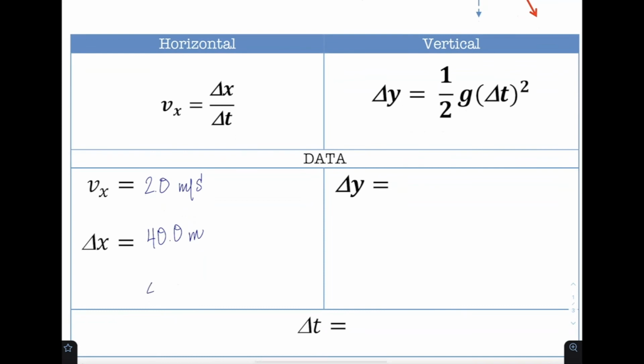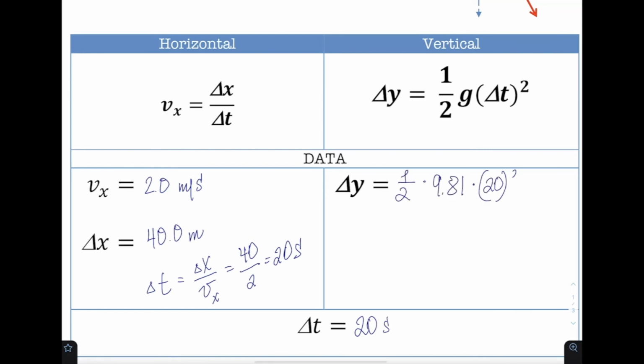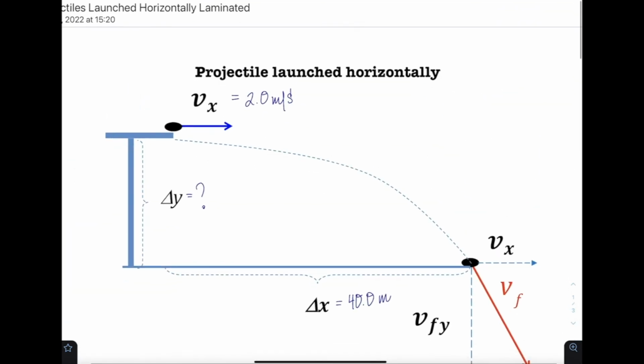And then from there, change in t is going to be change in x over Vx. 40 over 2, 20 seconds. Then if the time is 20 seconds, now we can do 1/2 times 9.81 times 20 squared. Again, this was for when both horizontal components are given, the displacement and the velocity, and we are asked to figure out the height.